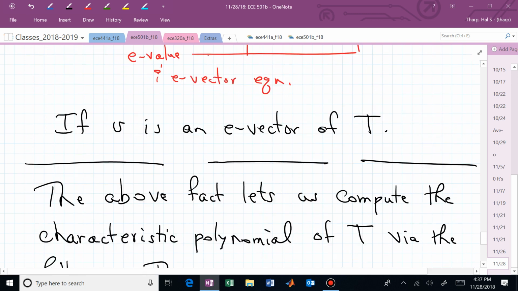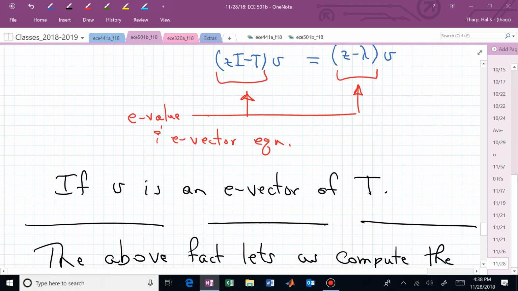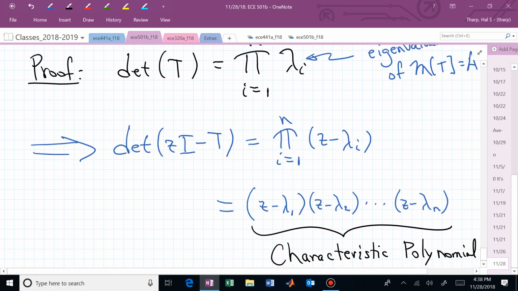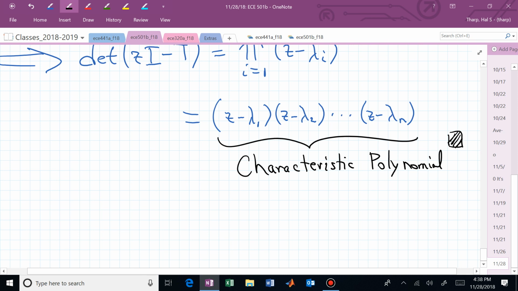Based on what? This if and only if connection between eigenvalues of T and z minus lambda being an eigenvalue of zI minus T, and the fact that the determinant of an operator is the product of its eigenvalues. So this now allows us to finish the proof.